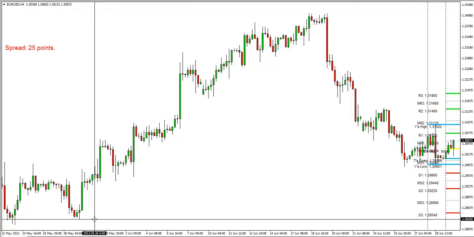If we get a breach of the 300 area, then we might see a revisit into the 2900 and even 2850 and 2800. But again, the decision will be on Thursday, the rate decision that is going to take this currency pair either higher or lower.